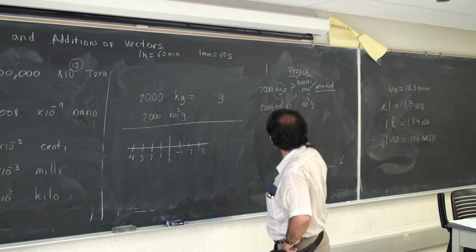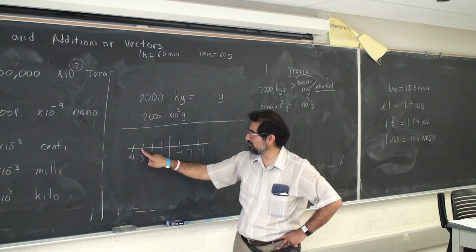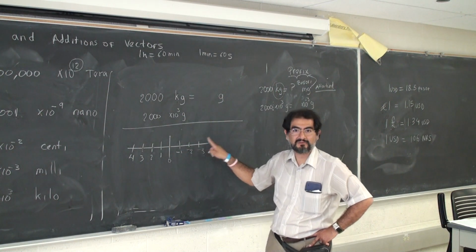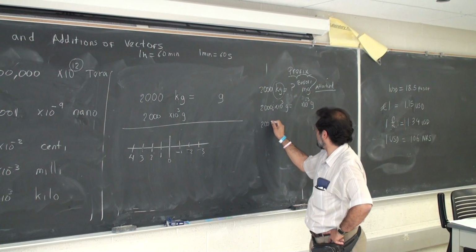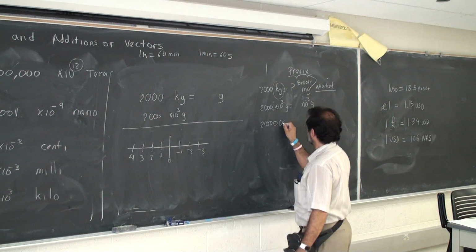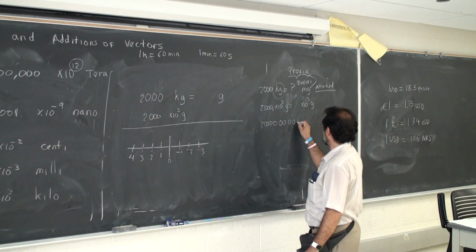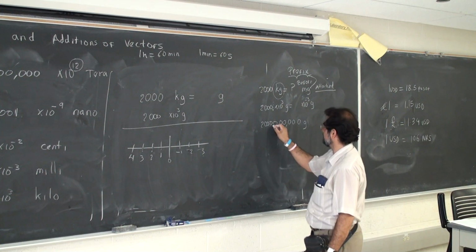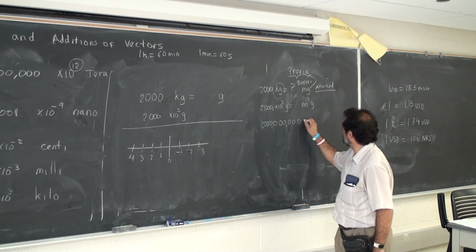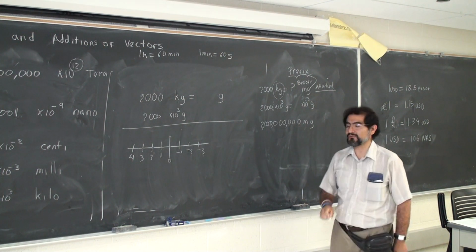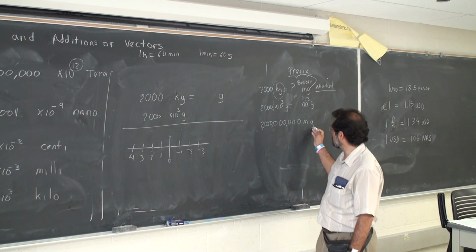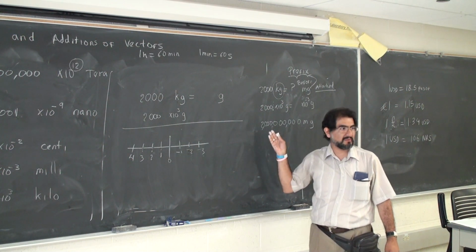So if I want to move to negative 3, I need to move my position 1, 2, 3, 4, 5, 6 times to the right. So keep that number and I write 1, 2, 3, 4, 5, 6 times to the right. And I can replace this for the milligrams that we are looking for. So that is exactly how we can change really fast from one unit to another, moving your decimal point.